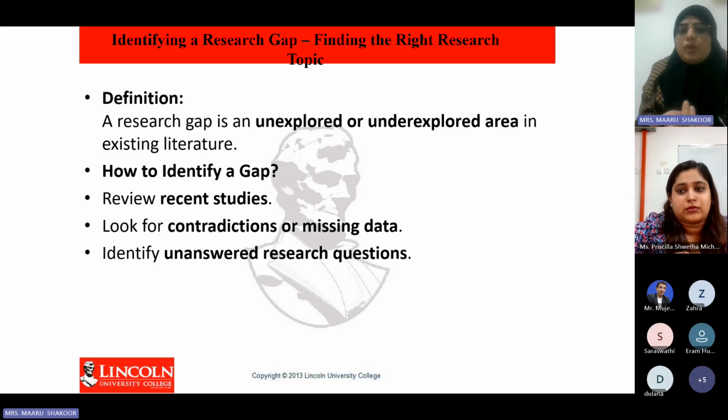That is how you can find the research gap. Identify unanswered research questions. This will also help you realize that I now have a destination. Now I have to move with all the road maps and arrange it in a structured way.